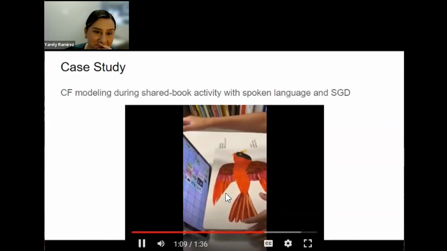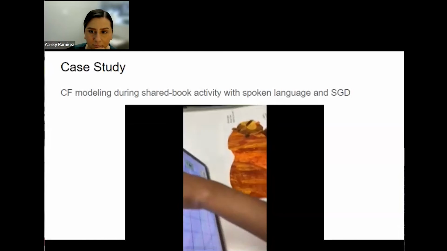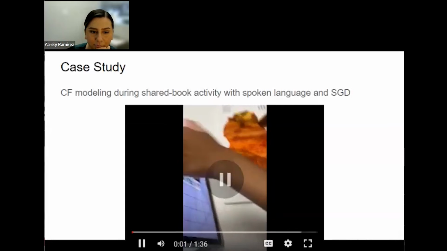Okay, more yellow. And then as you can see, he really liked touching that top bar to say the message over and over and over again. I acknowledge it. You know what? I hear you. Yeah, let's keep going. Let's keep looking and see what happens after the yellow duck. Red bird. Oops. Oh, there we go.